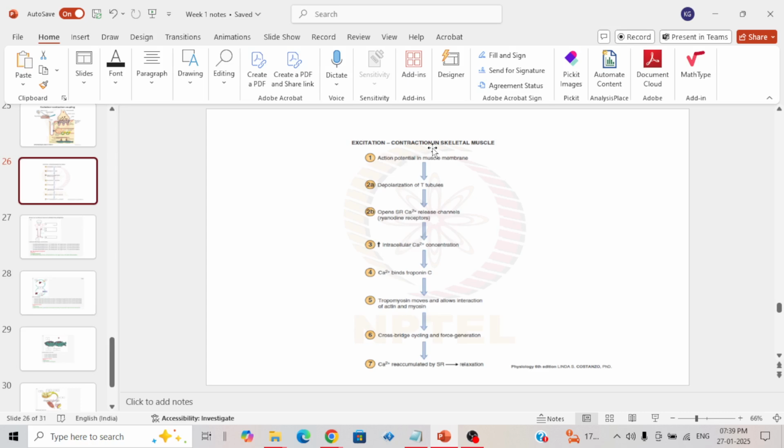Calcium channels will release the calciums present inside the sarcoplasmic reticulum lumen into the sarcoplasm, or we will say inside the sarcomere, where they will reach and bind to troponin.